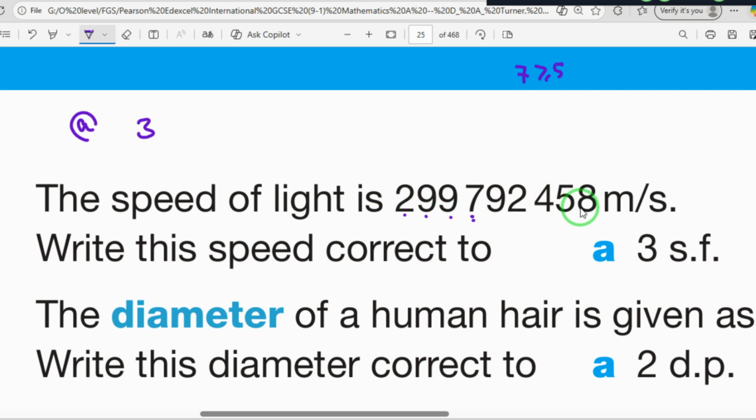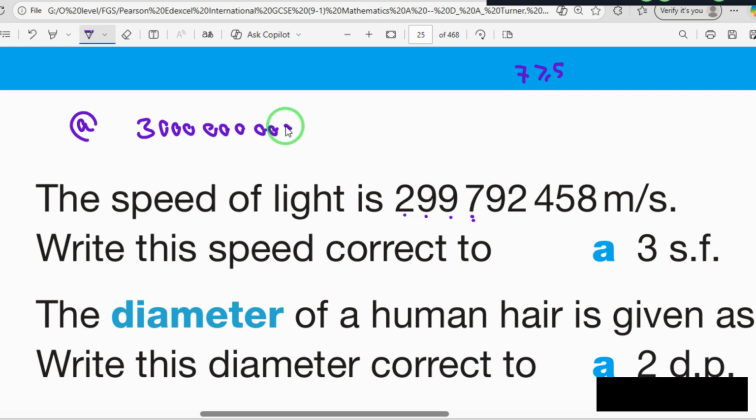The rest of the numbers are 0. Actually we have 8 digits, 1 2 3 4 5 6 7 8 digits, meters per second. So this is rounded up to 3 significant figures.